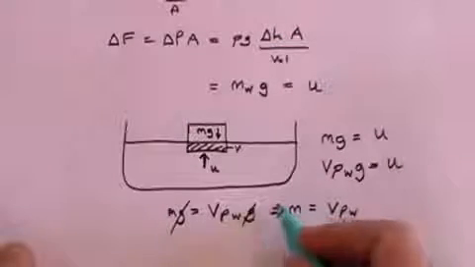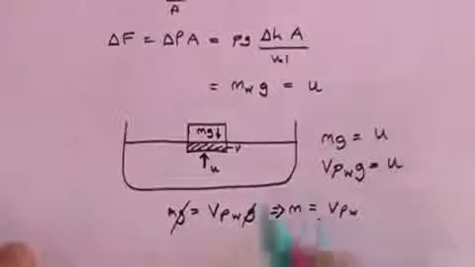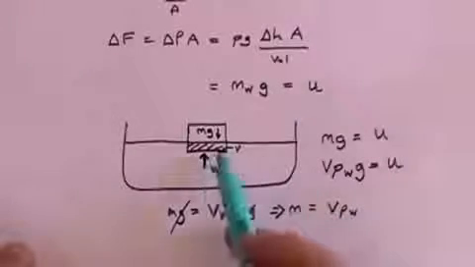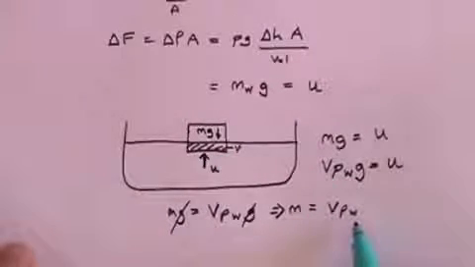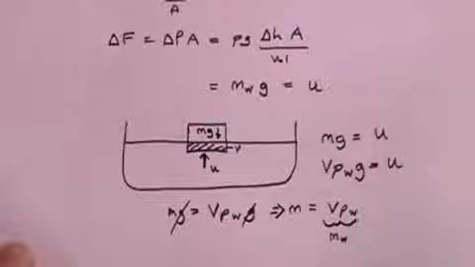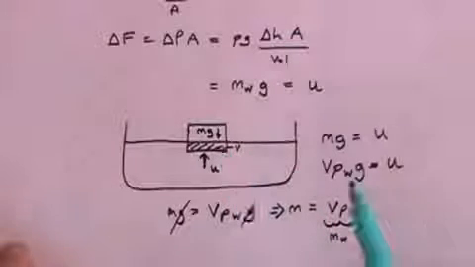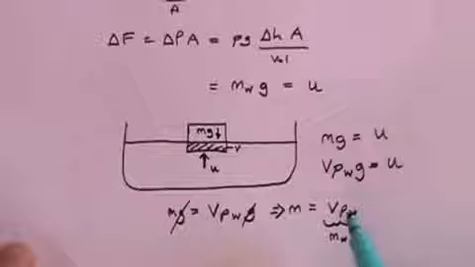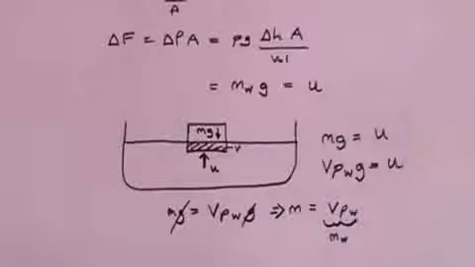The mass of the object is equal to the volume of water displaced times the density of that water, but that of course is just equal to the mass of the water displaced. And so we deduce that for a floating object, its mass is equal to the mass of the fluid that has been displaced. That's a necessary condition for the object to float.